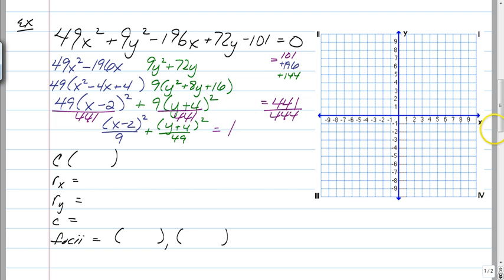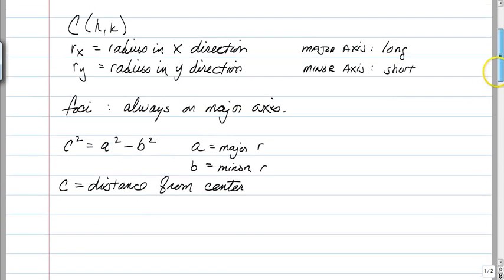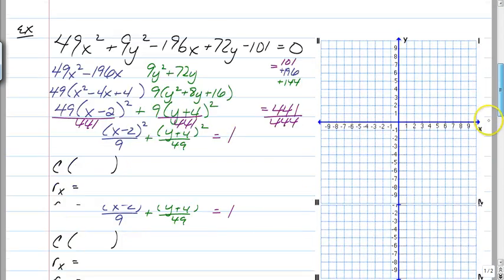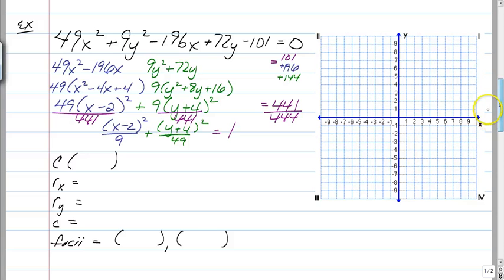But if you go back to the generic formula, we need the radii inside the parentheses. So there's one last step for this problem. This is our equation, and we're going to make a big set of parentheses. Now the top is still our x minus 2, but the bottom is now going to be squared. So what number squared gives you 9? 3.